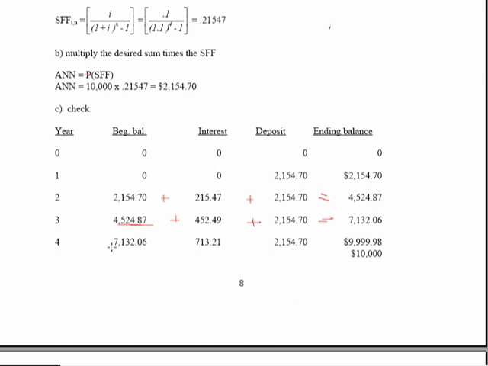And then for the fourth year, what we should be approaching here is $10,000 at the end of the fourth year. We have a starting balance of $7,132.06. 10% of that is $713.21. We're going to add those two together, plus our final payment of $2,154.70, and that equals very close to $10,000, a little bit of rounding there.